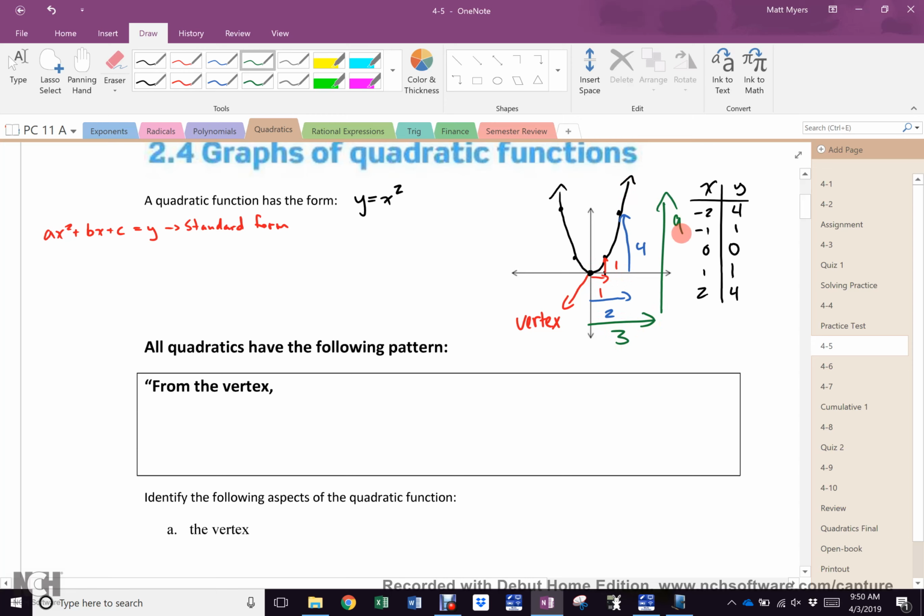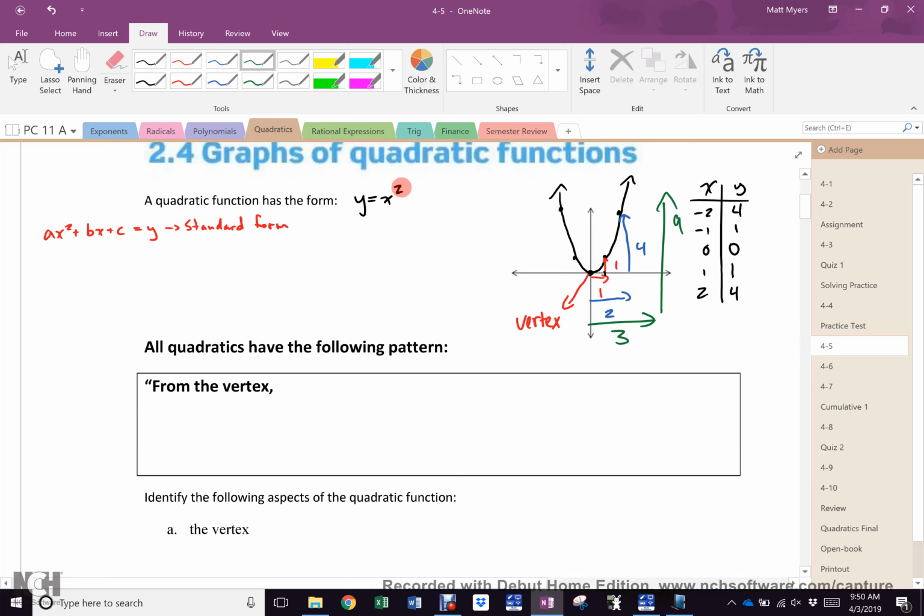Yes? X squared. If I go over 4, how far up? 16. If I go over 5, how far up? 25. And so on and so on. And the same thing happens on the other side. Everybody understand?